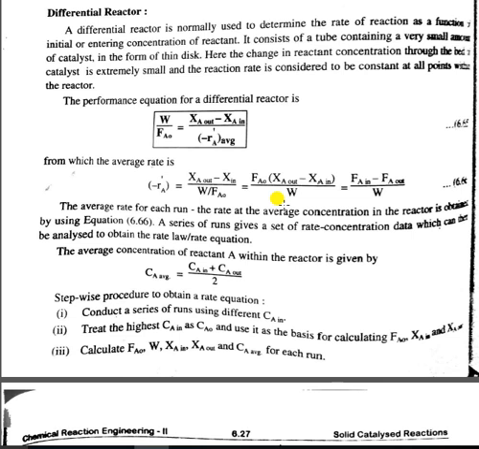The average rate of each run, that means the rate at average concentration in the reactor, is obtained by using equation 6.66. This equation is only for rate, from which we can find the rate.